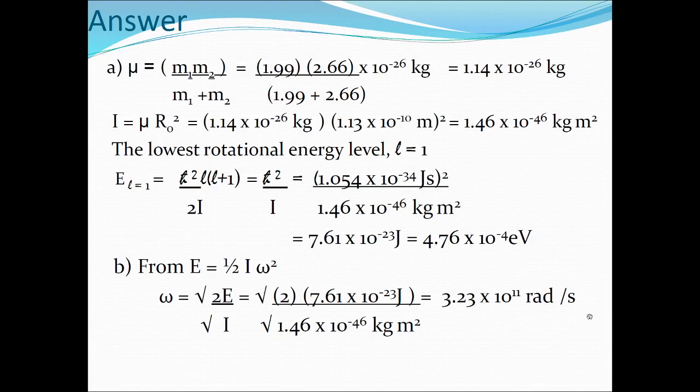You must be careful with the unit. You have to remember your angular velocity unit is radian per second. All of your answers must have the value and the units to get full marks. This is compulsory.